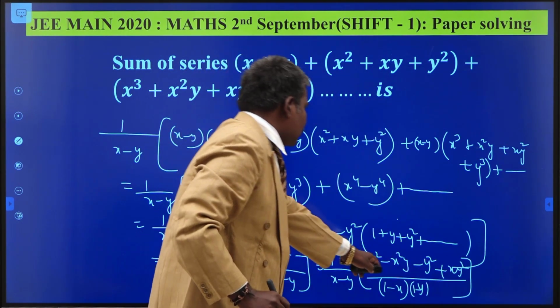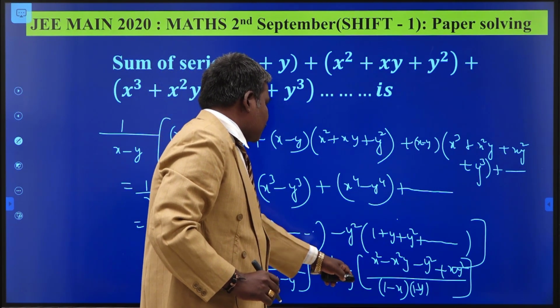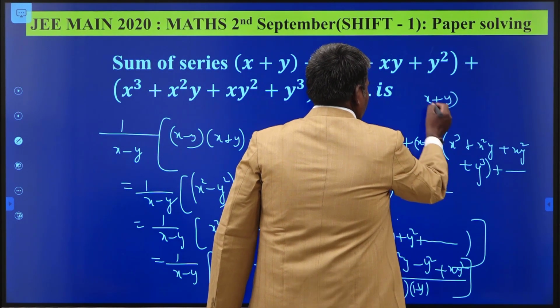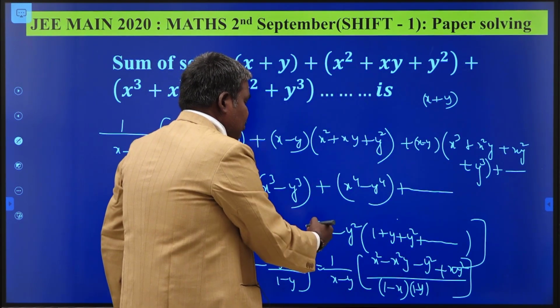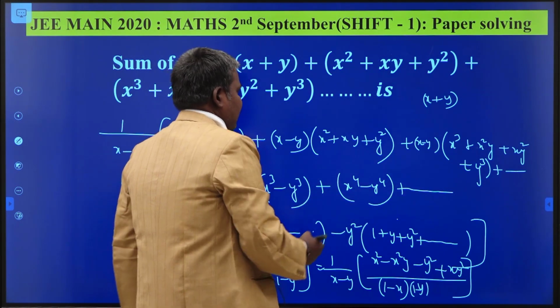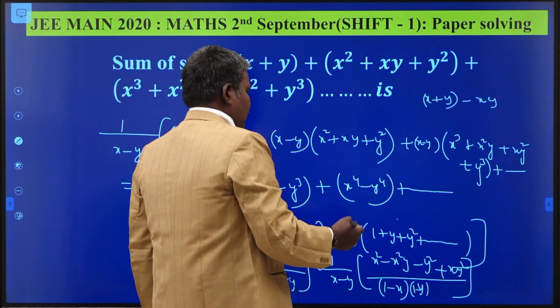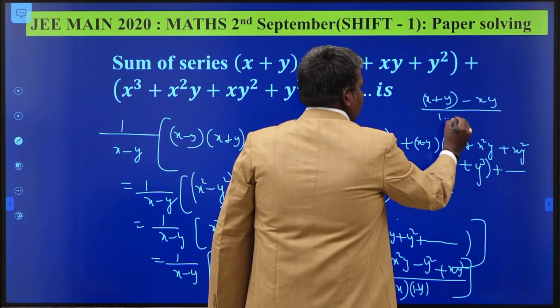Okay. x square minus y square can be written as x plus y into x minus y. By x minus y gives what? x plus y. Next, take minus xy common. Minus xy into x minus y. x minus y gets cancelled. Minus xy, whole divided by 1 minus x into 1 minus y.